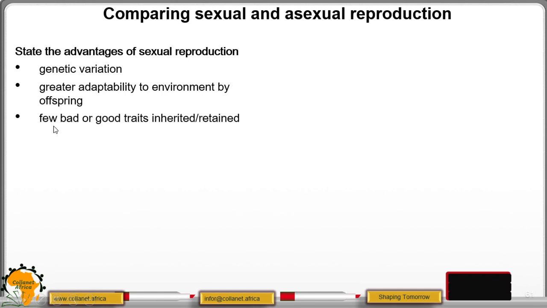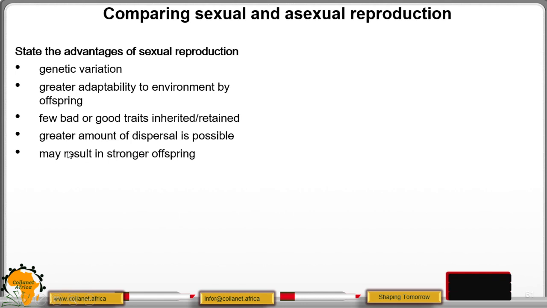Also, few bad or good qualities are inherited or retained. Mostly we are interested in good traits, like being able to adapt to the environment, improved yield and faster maturity, among other things. Then, of course, a greater amount of dispersal is possible, high yield actually. Then the offspring is likely to be stronger compared to the parent.